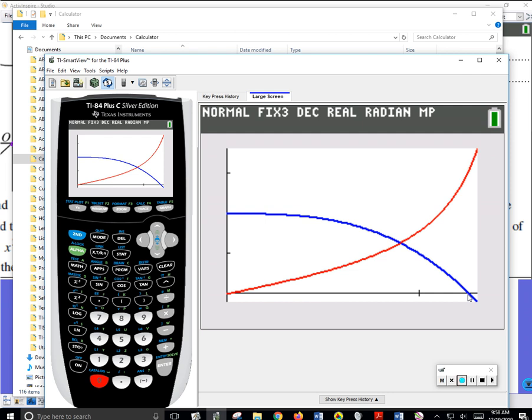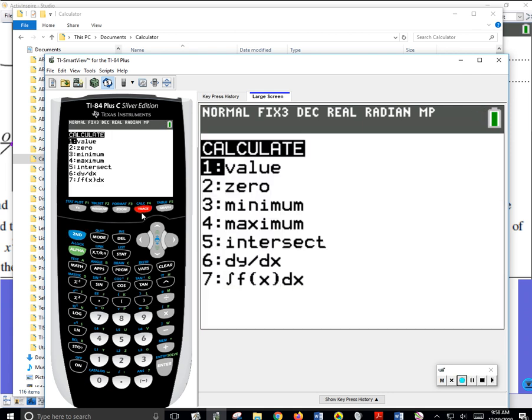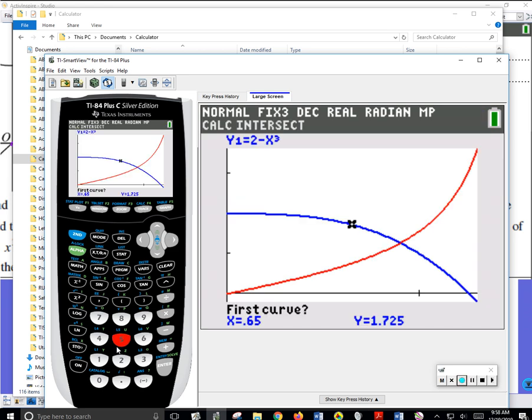Okay, so I need to find those x coordinates. So I use the intersection. I go second, trace, intersect. The calculator is asking, would you like to use this curve to find the intersection? I do, so my answer is yes.